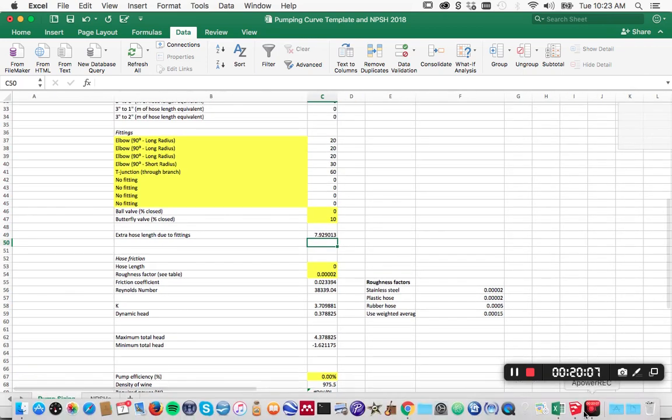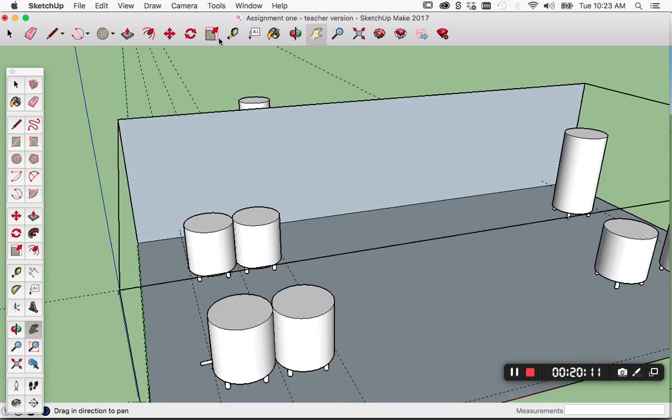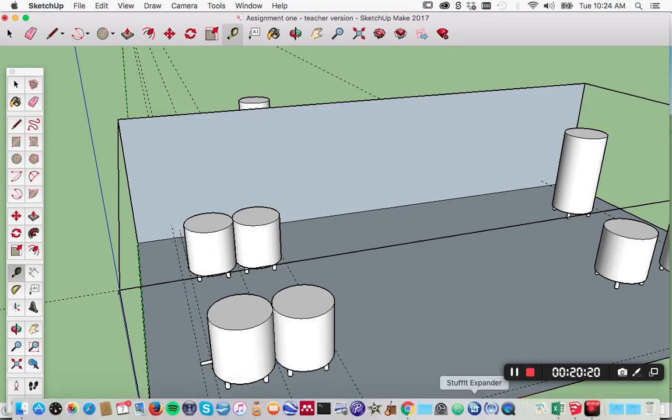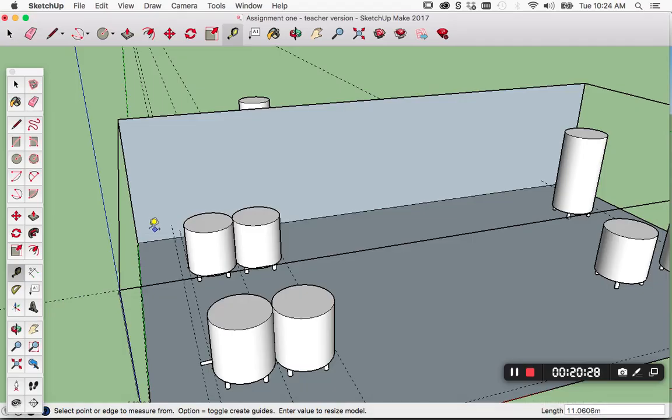So let's calculate that now. Now this could be torturous again. I'm going to use the tape measure. I'm just going to roughly do this. So I'm going to go from this fitting over to the wall. It's 11 meters. I'm going to tap these into the spreadsheet at the same time. I have no memory. 11 meters. So we've got it go over the wall.